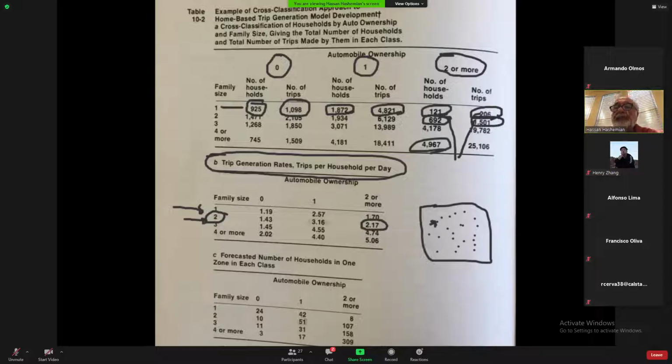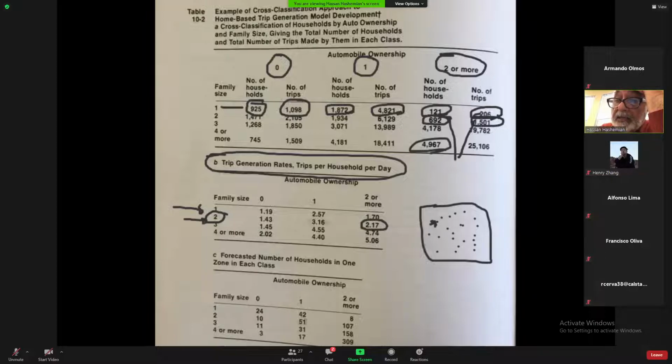Okay, so what happened is that we collect the data on the number of households in each category, and when we divide the number of trips over the number of households, we get the trip rate, which we have here. Now, what do we do with that trip rate?